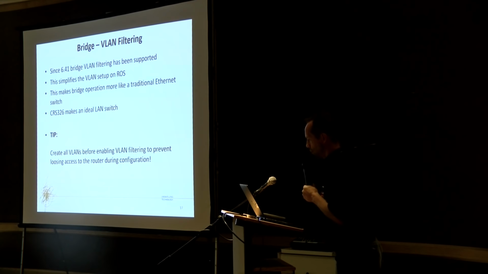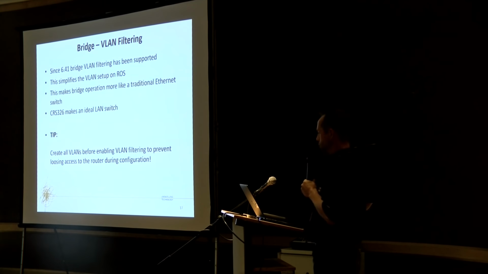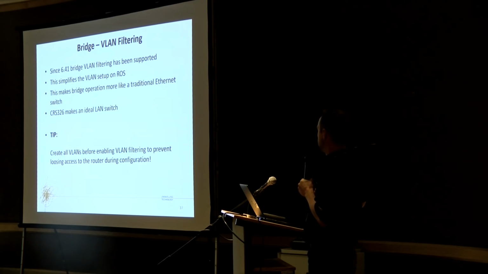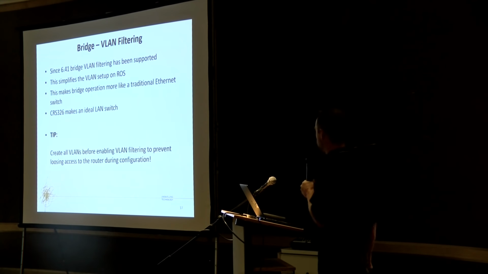Now, different MikroTiks still need bridges and VLANs configuring differently, and the setup I'm going to show you for VLANs using the bridge filter for VLAN configuration is very specific for the CRS 300 series because it is the only units that currently support hardware offloading using VLAN filtering on the bridge interface.